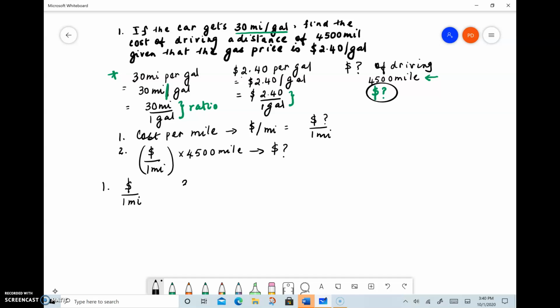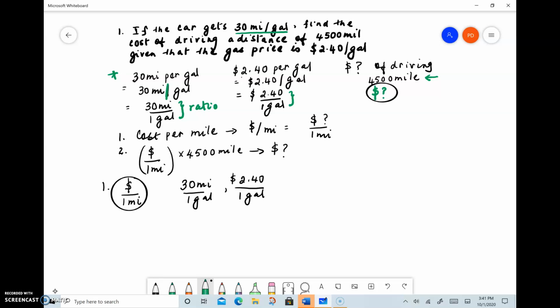We have the 30 miles per 1 gallon, and the other number we have is $2.40 per 1 gallon. So now we could use these 2 numbers to come up with the cost per mile of driving, or rather cost of driving 1 mile.